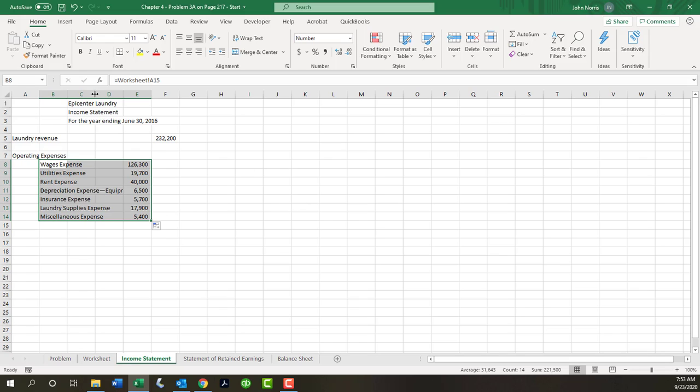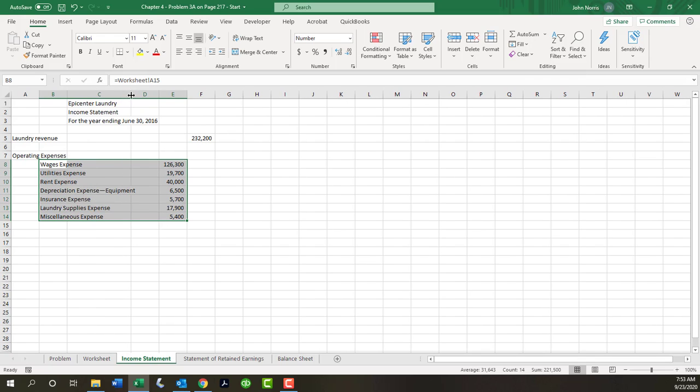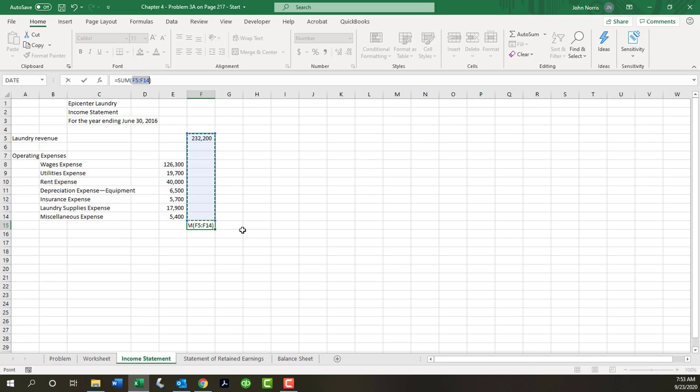We can make this a little bigger so that we can see all the depreciation expense. And then total operating expenses equals this.